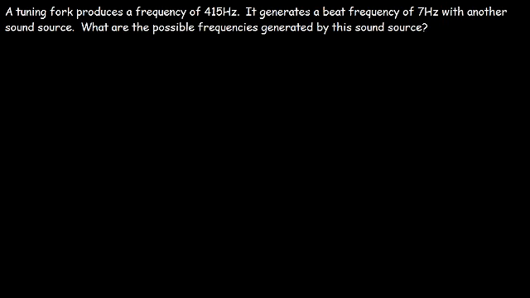A tuning fork produces a frequency of 415 Hertz. It generates a beat frequency of 7 Hertz with another sound source. What are the possible frequencies generated by this sound source? So the beat frequency is the difference between the tuning fork frequency and the frequency of the other sound source. So therefore, the other sound source must be 7 hertz away from 415.